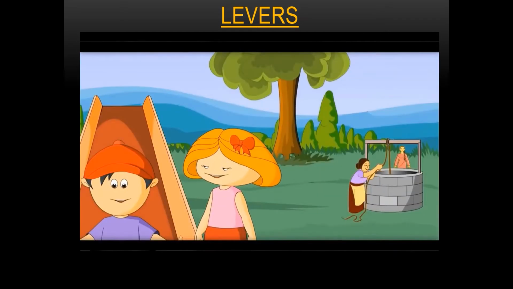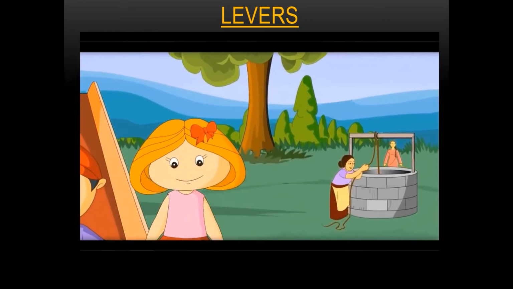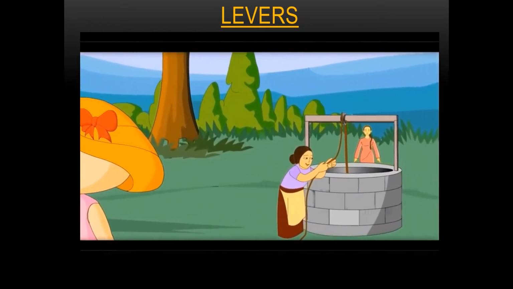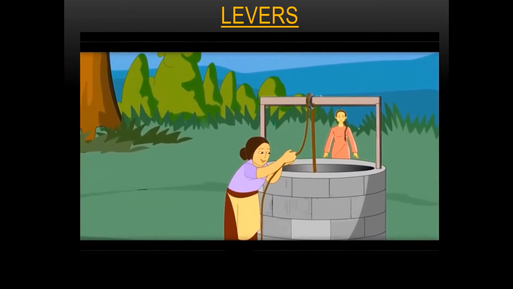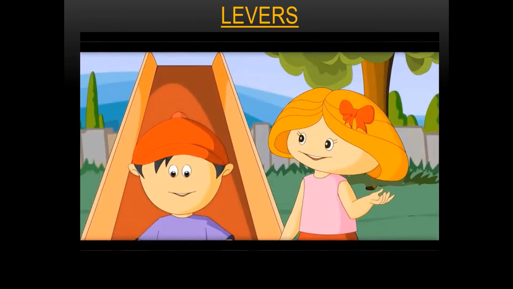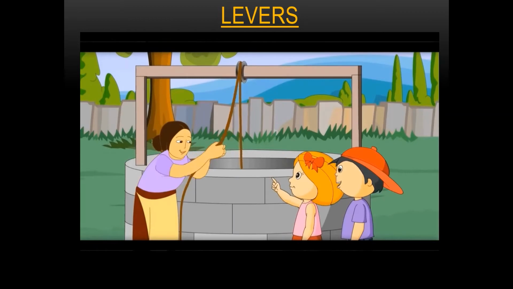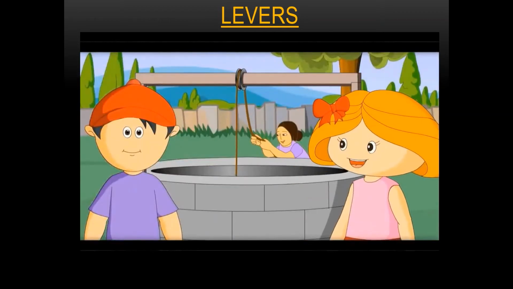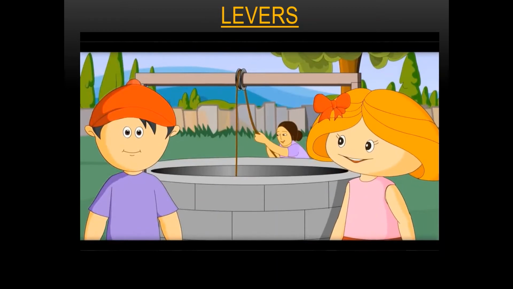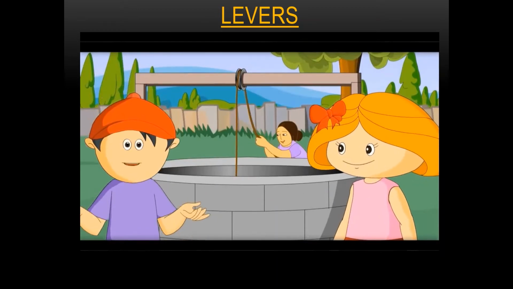Okay, let's start. Oh, do you see that as well? Oh yes, people are pulling water out of that well. Let's go there. Let's go. Oh, what is this wheel? Oh, that one? On which the rope is moving? Yes. This is called a pulley. It helps to pull out water easily. But how?